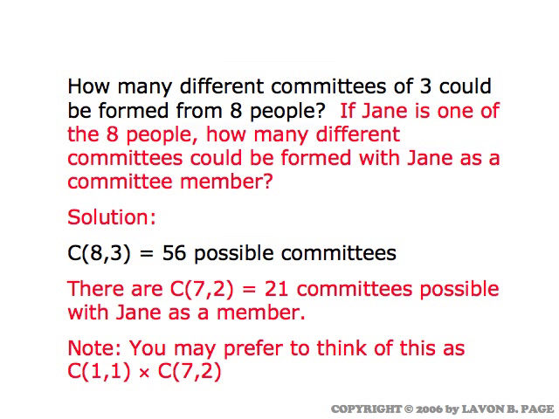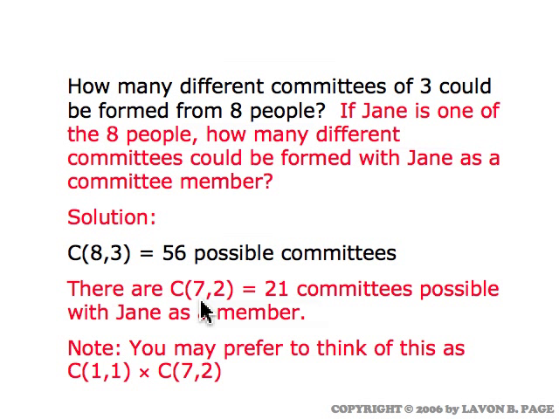In the second version of the question, we want to form the committee so that Jane is a member of the committee. If Jane is going to be one of the people on the committee, that means we're going to have only 2 other committee members besides Jane, and those 2 other committee members will have to be chosen from the other 7 people available, excluding Jane.